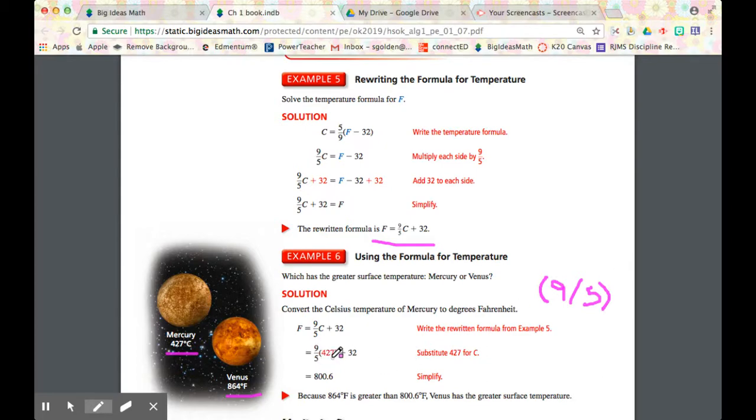Then times 427 plus 32. When you plug all that in your calculator, we get 800.6, because it's temperature, so we do decimals. And if we notice, Venus is 864 degrees Fahrenheit, so Venus has a greater surface temperature than Mercury, neither of which we could survive on because of how hot they are.